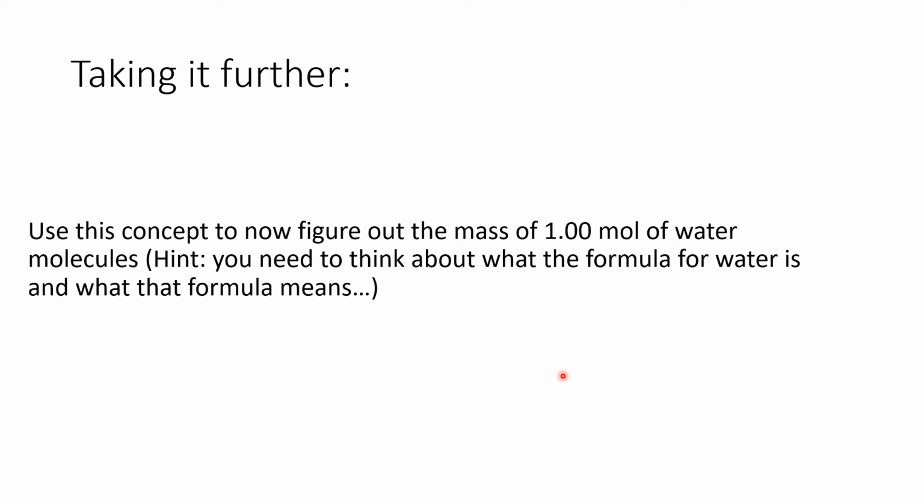And we can take it and run, of course. We're going to run calculations with it, right? So let's think about a mole of water. I've pulled up my periodic table again, and I'm thinking about a mole of water molecules.